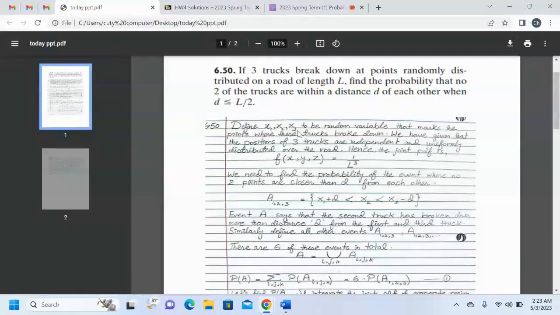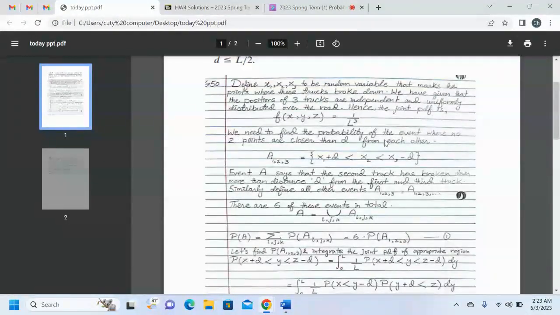Define x1, x2, x3 to be random variables that mark the points where these trucks broke down. We are given that the positions of the 3 trucks are independent and uniformly distributed over the road. Hence, the joint probability density function is f(x, y, z) equal to 1 over L cubed.